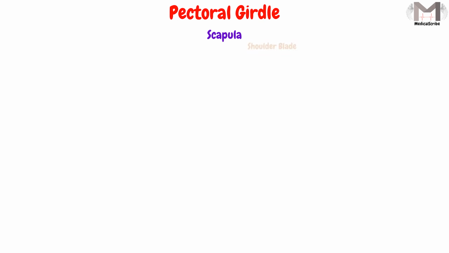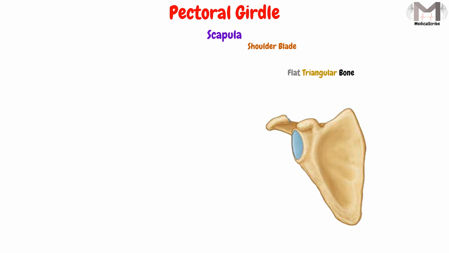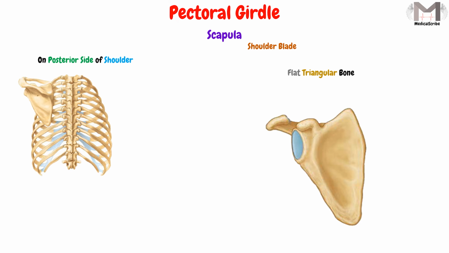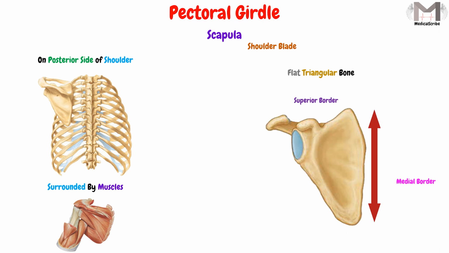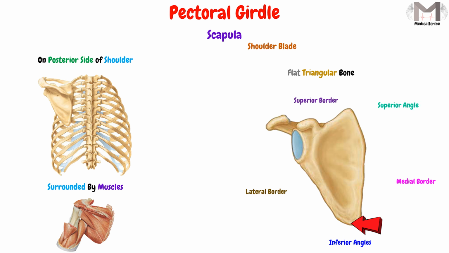Now, the scapula, or the shoulder blade, is a flat triangular bone found on the posterior side of the shoulder. This bone is surrounded by muscles on both its anterior and posterior sides, so that's why it does not articulate with the ribs. We have to know also that the scapula has many important landmarks, which are 3 borders: the superior, the medial, and the lateral, and 3 angles, the superior and inferior angles, while the last angle forms the glenoid cavity or the glenoid fossa.